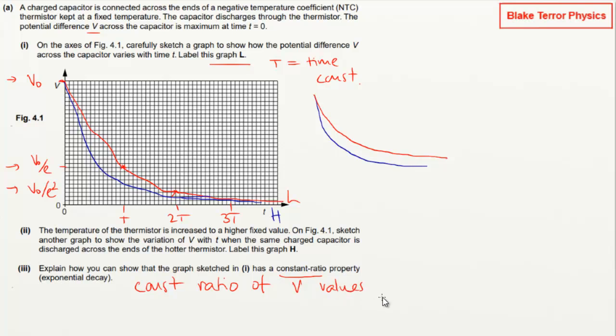Constant ratio of V values for fixed time intervals. This is exactly what I was marking on here. Every time we're going up by t, every time we're going up by this time constant, we're getting another factor of 1 over e thrown in. So these ratios are going to be constant.